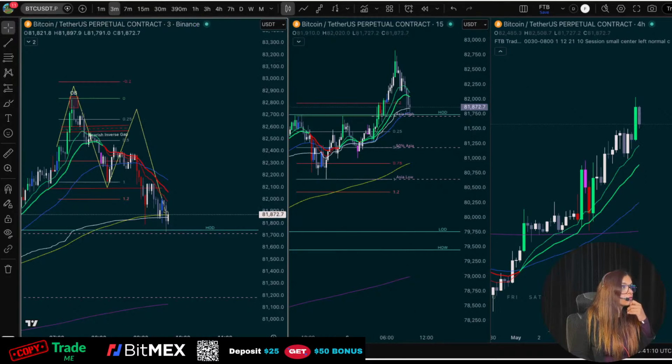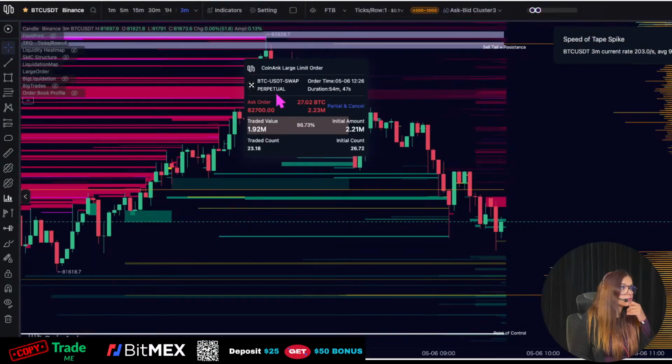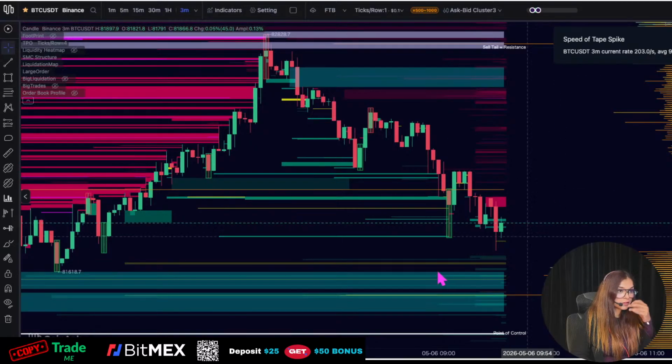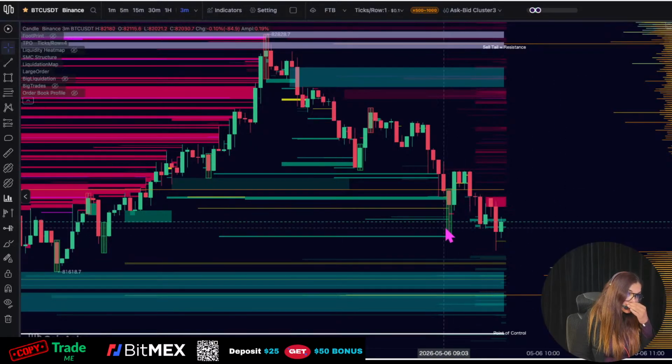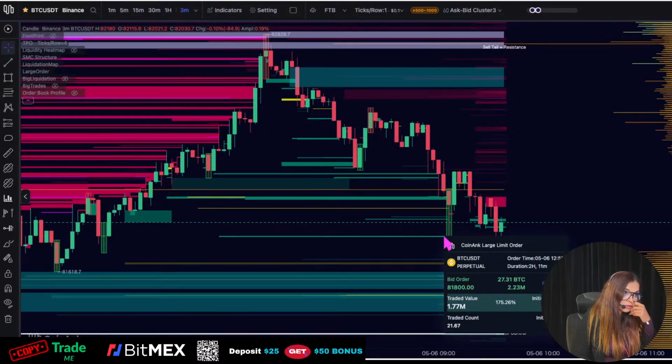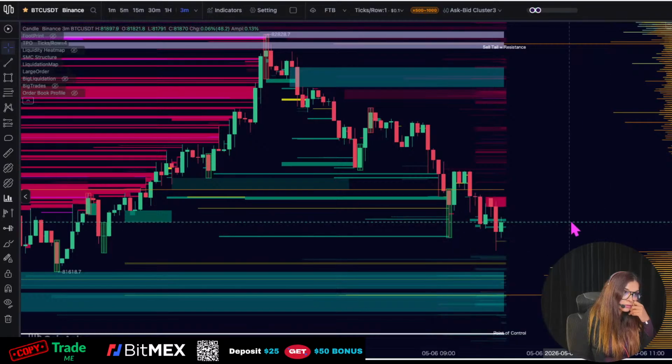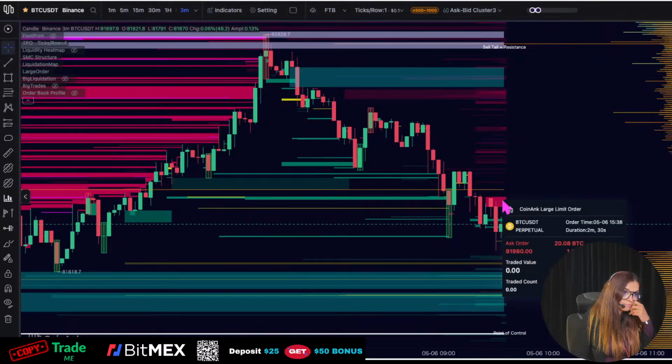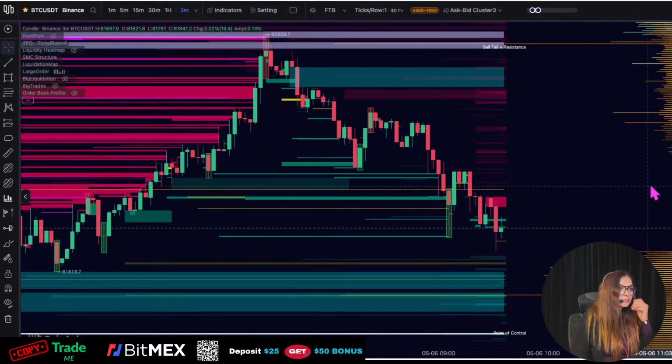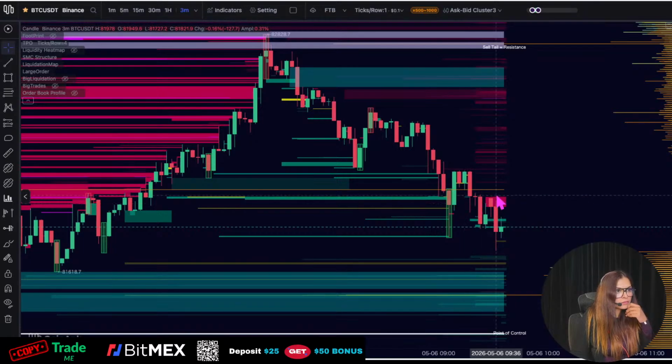Let's see if we find an order block here. Okay, here we go. So this is an order block. Hmm. Okay. We have a sell order here from Binance too. So wait, what?